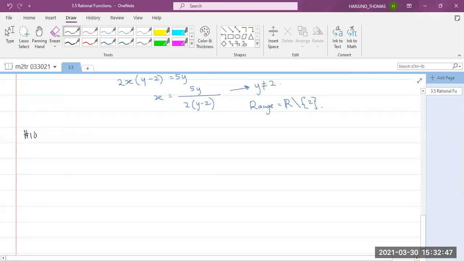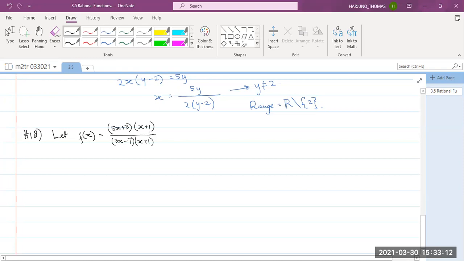Number 18, let f(x) equal to, they already factored it for us, which is nice of them, (5x plus 3)(x plus 1) over (3x minus 7)(x plus 1).